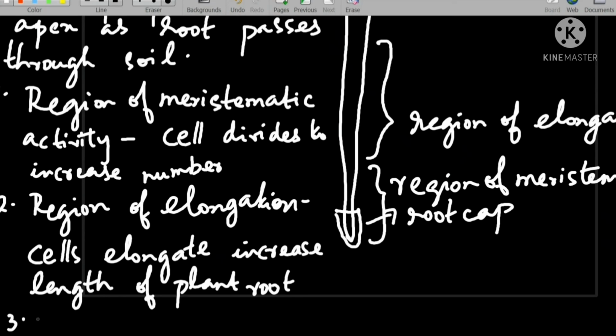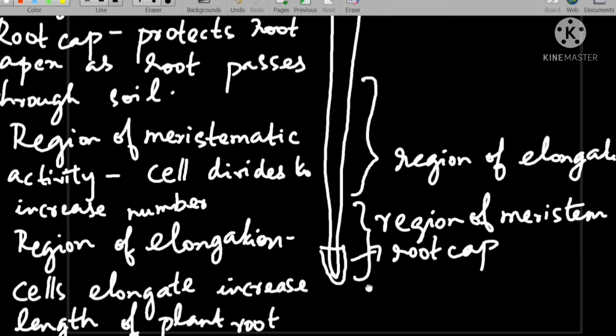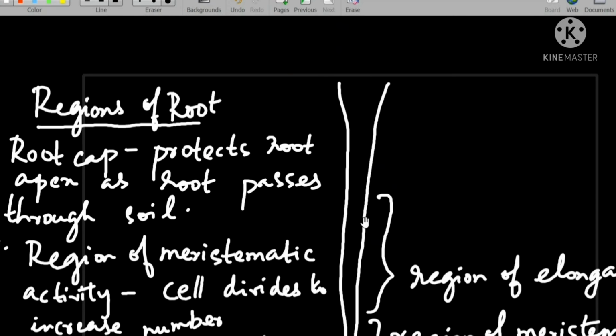And the last region is region of maturation. So after the region of meristem and the region of elongation, the remaining parts of the root, those cells will stop dividing and they will start maturing and differentiating. And they will start forming thread-like structures called root hairs.